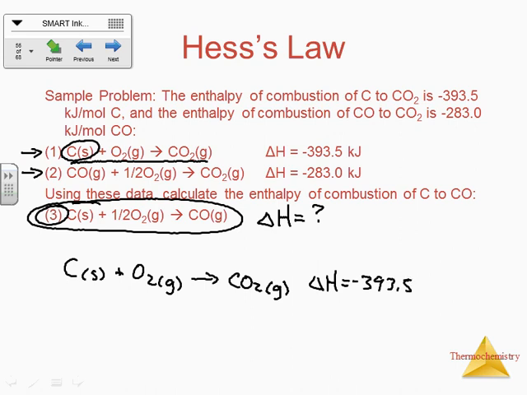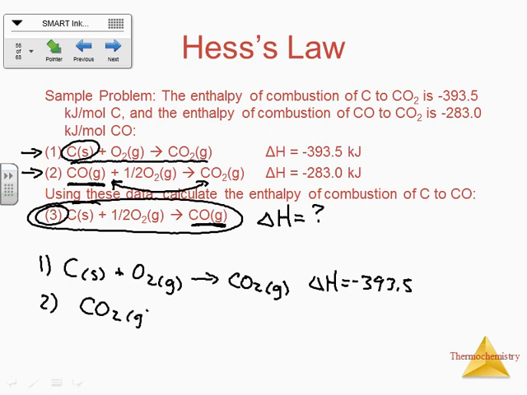Now the second equation, if I look at this, the second equation has carbon monoxide on the reactant side. I need carbon monoxide to be on the product side in my final equation, okay? So this one right here, I probably need to flip so that the reactants become the products and the products become the reactants. So I'm going to rewrite this thing as CO2. This is equation 1, this is equation 2.